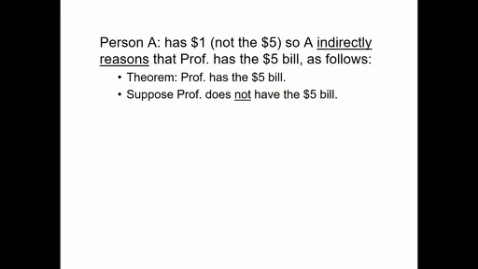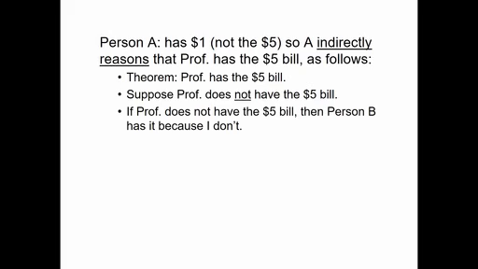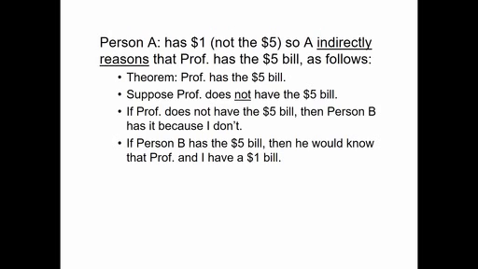Okay. If Prof doesn't have the $5 bill and he knows he doesn't have the $5 bill, then person B must have the $5 bill. Because I know I don't. This is person A talking. But if person B had the $5 bill, then he would right away know that Prof and I have the $1 bills.